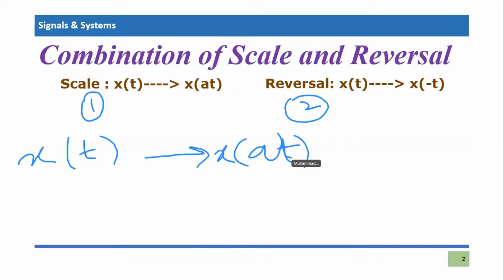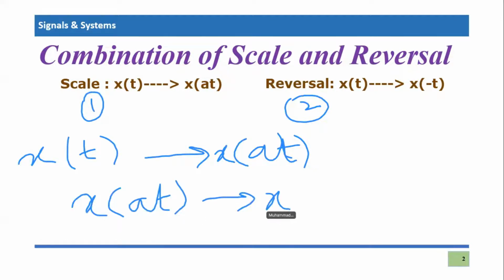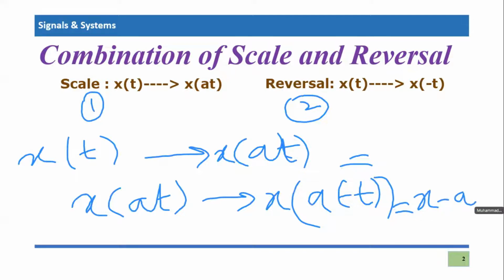And then we apply the time reversal operation. That means t will be replaced with minus t. So x of at would become x of a, with t replaced by minus t. So the output would become x of minus at. This is the output. Let me note it down, and then we will apply the reverse combination of these two operations.